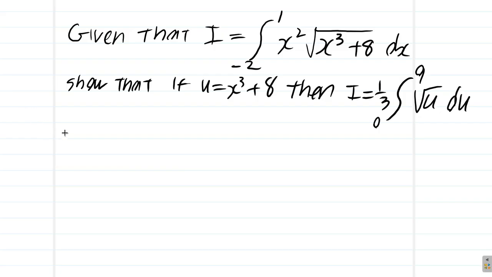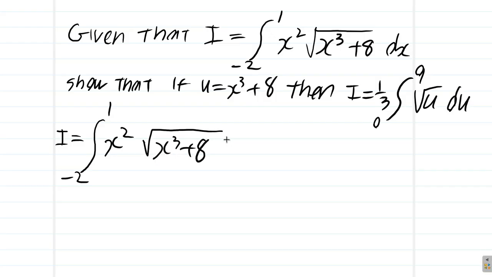Alright, let us see something here. I is equal to the integral from -2 to 1 of x squared, but then look at this. You have the square root of x cubed plus 8 dx.